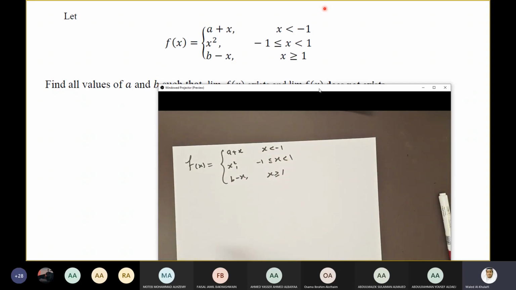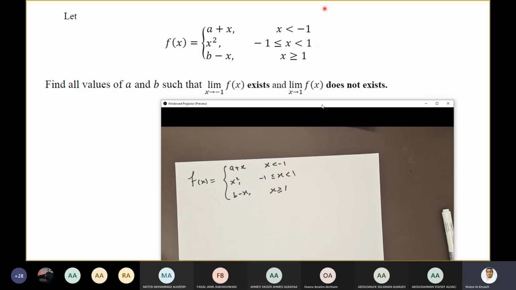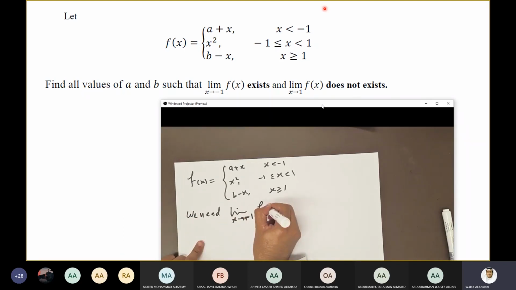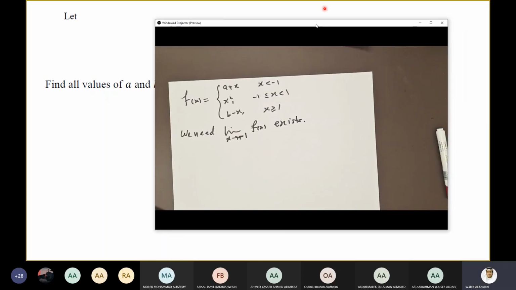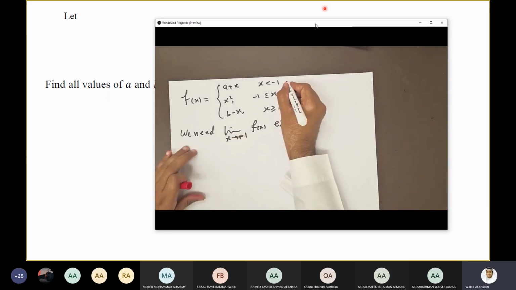So the first statement says we need the limit as x approaching -1 of f of x to exist. Okay, this is the first one. So how to make it exist? -1 means I'm working in here.